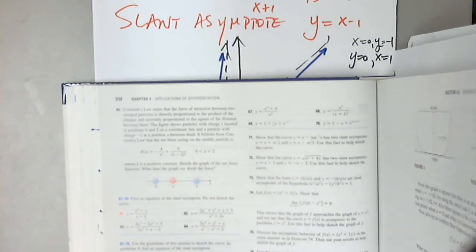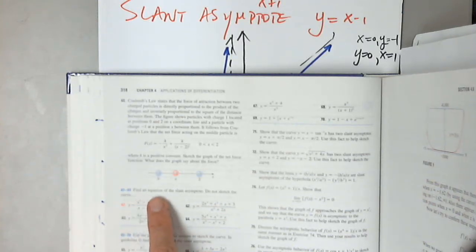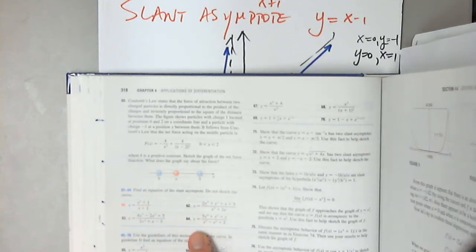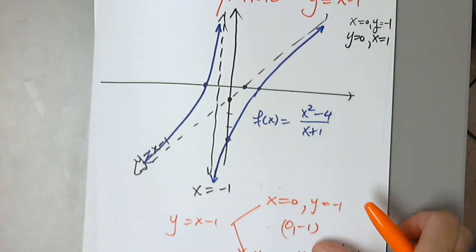I haven't looked at those. So anything that says find the equation of the slant asymptote, do not sketch the curve. If you just want to find a slant asymptote, we can do that. So please choose. 64. We want to look at 64. You just want to find the slant asymptote and not the whole thing? Okay, perfect. Good pick.